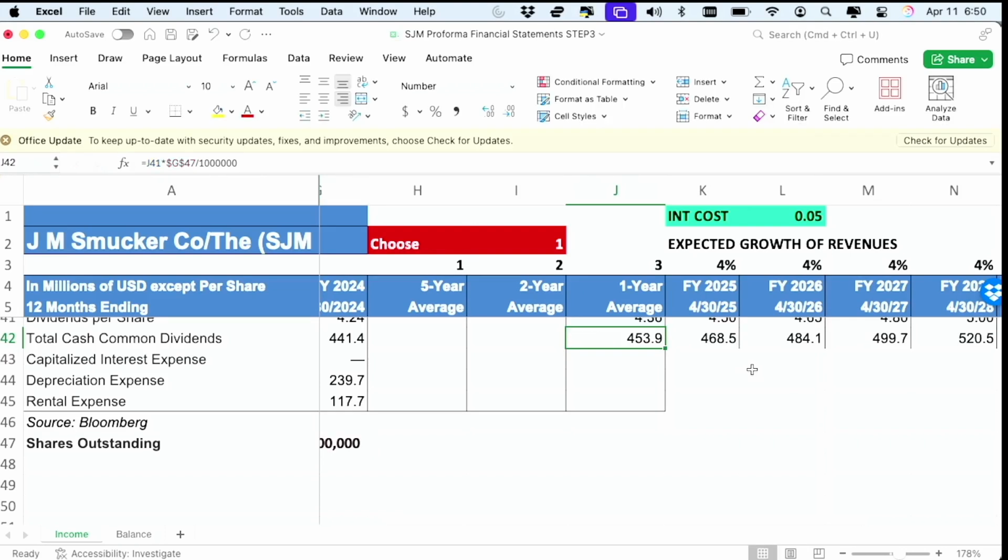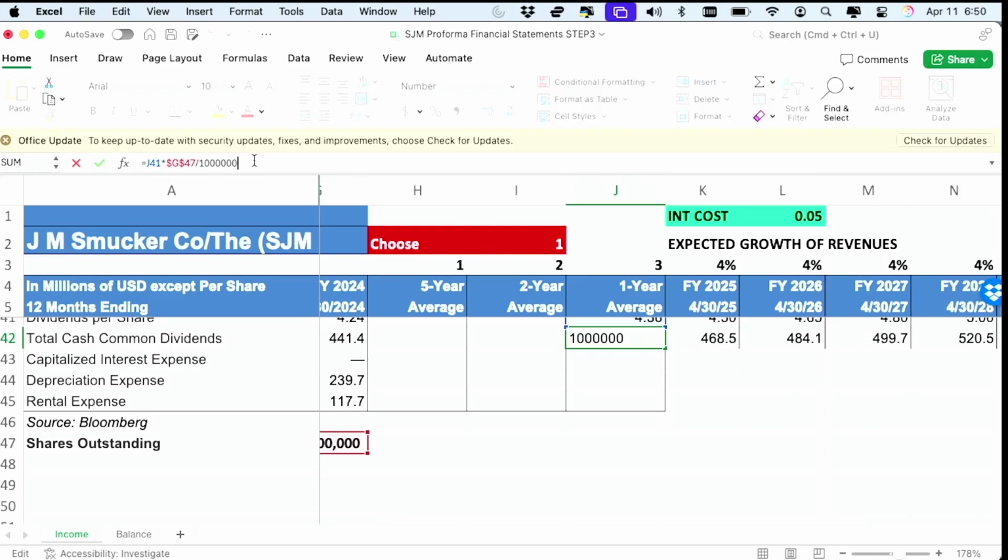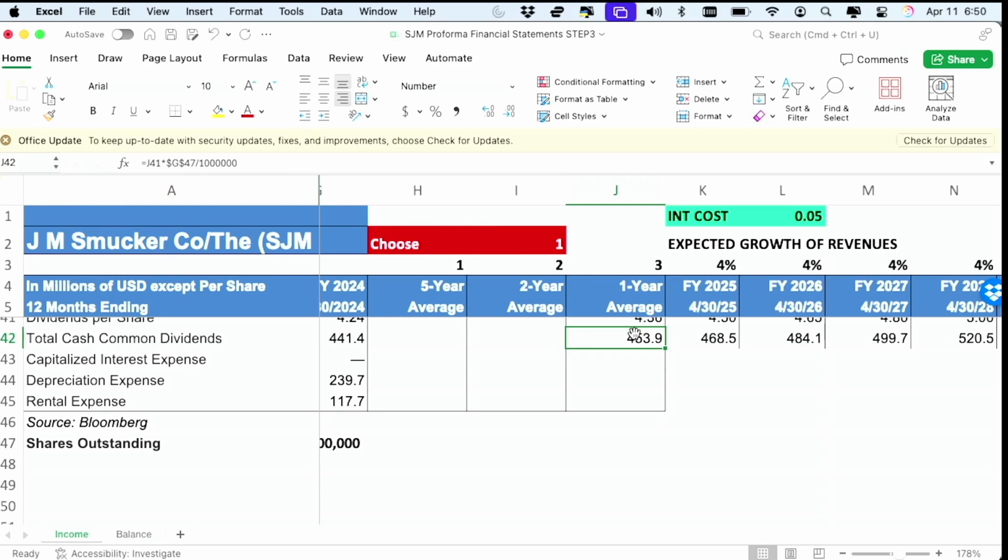And so what I've got here is I've changed it back into millions. It's J41 times G47 divided by a million, and that gives me 453.9 million aggregate dividend expense.